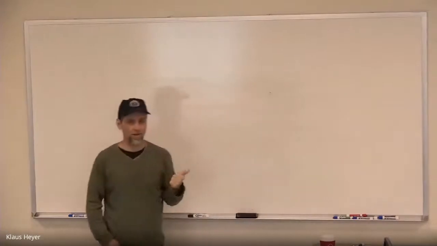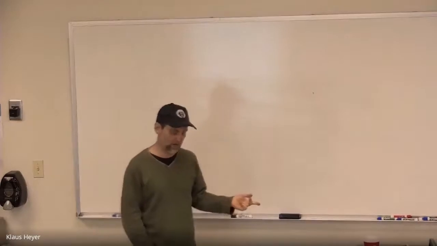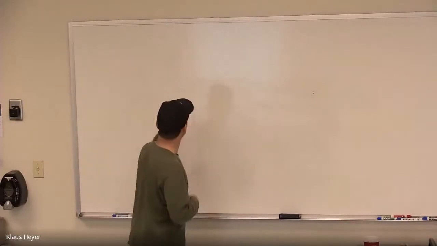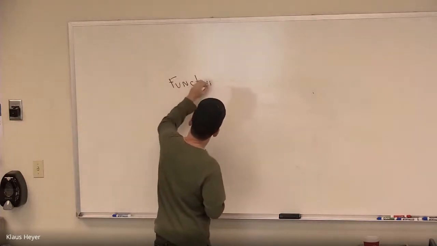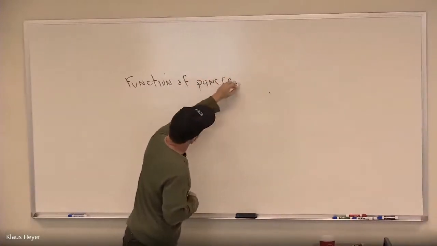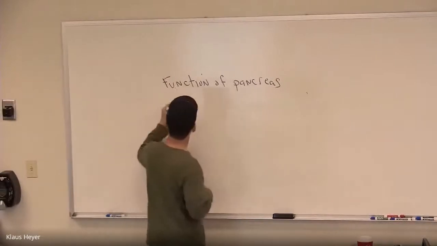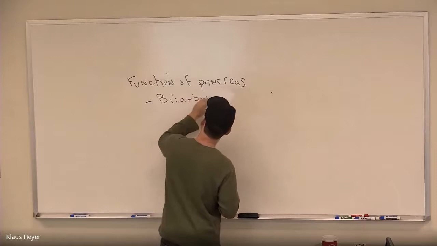I want you to know those enzymes. I want you to know what the pancreas does. The pancreas makes enzymes. The pancreas makes bicarbonate. That's a good word to know.